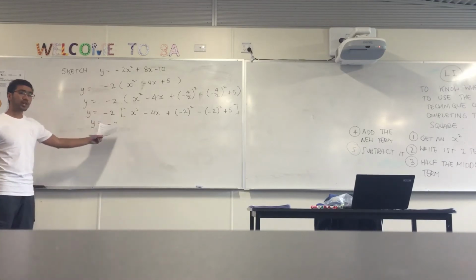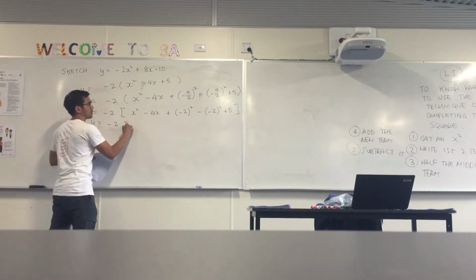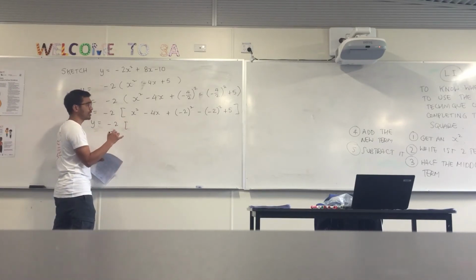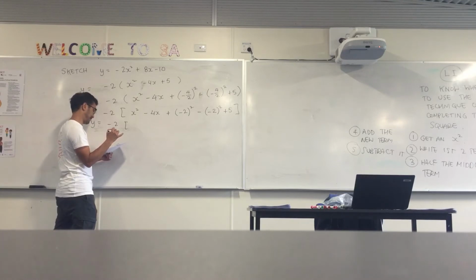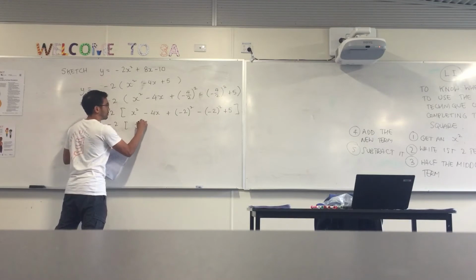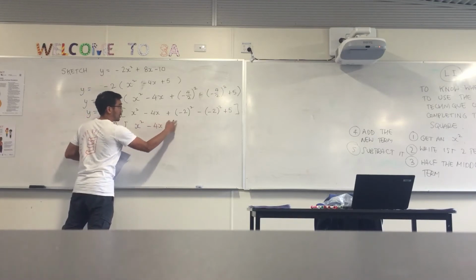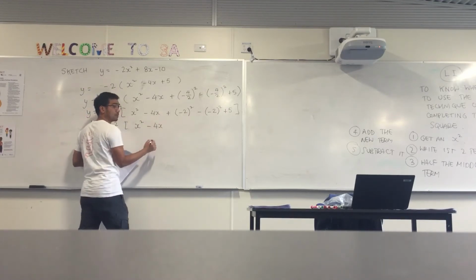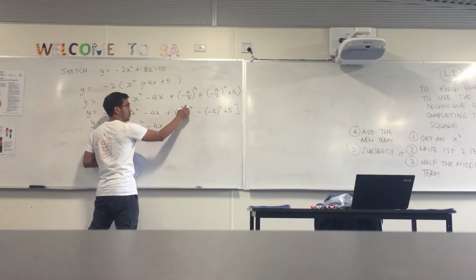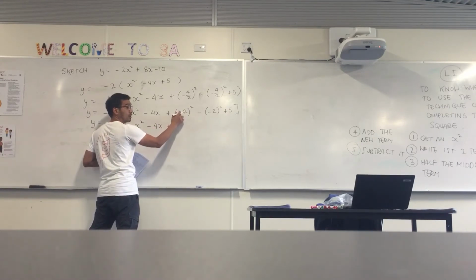Okay, once we get to this step here, all you need to do, I might show an extra step by the way. Negative 2 times x minus 2 squared plus 5. Negative 2 squared is? 4.